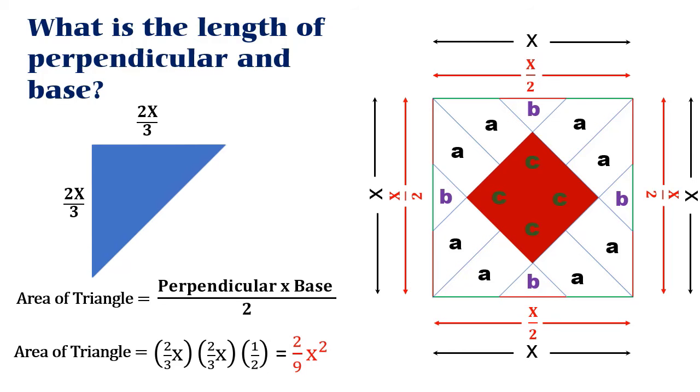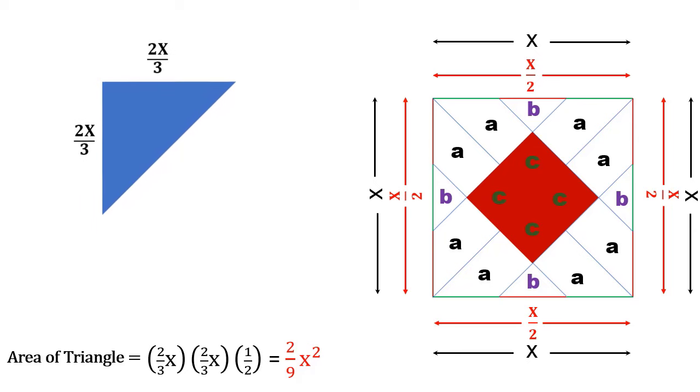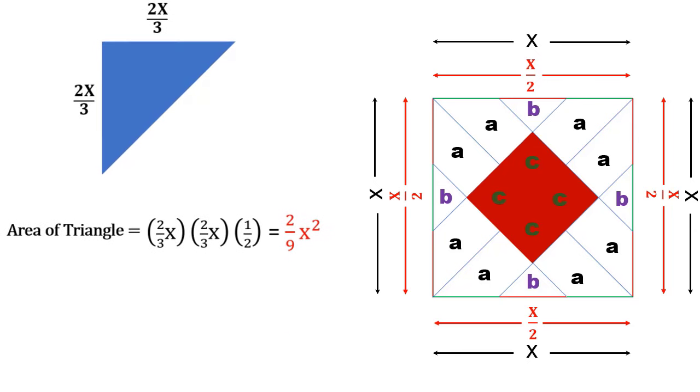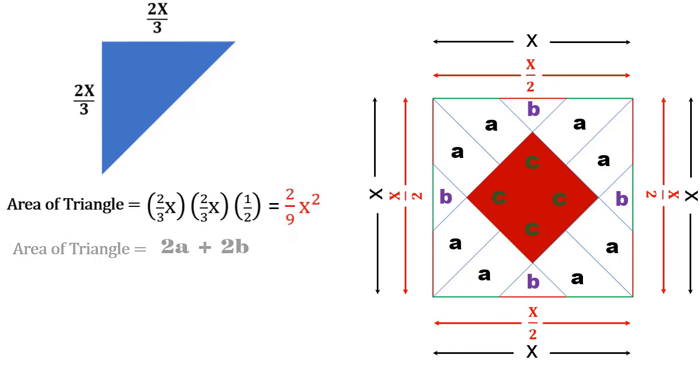So we get the area of triangle as 2 by 9 x square. We can also show the area of triangle as 2A plus 2B, which is again equal to 2 by 9 x square. And this is our equation B.